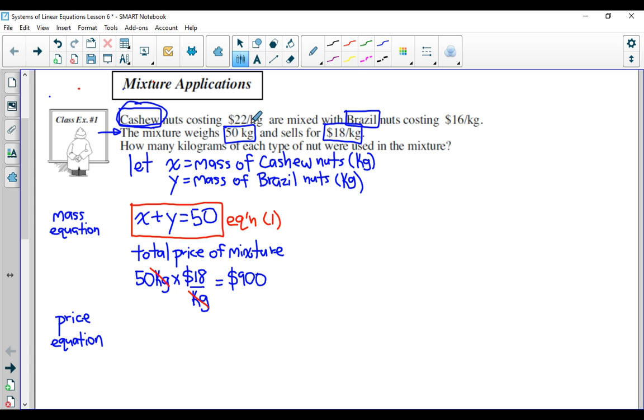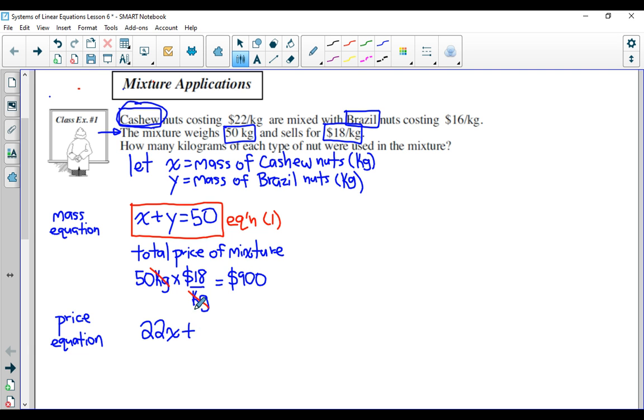So that would be X times 22, or 22x. We're going to write down the numerical coefficient first. So 22x would be $22 per kilogram multiplied by whatever the mass of the cashew nuts is. We don't know that yet.